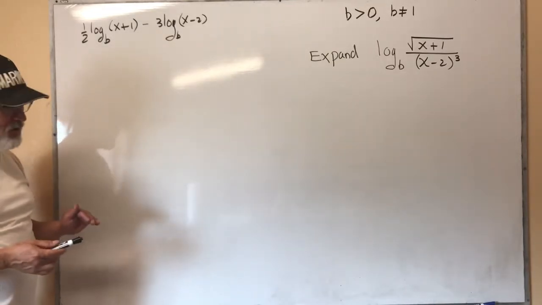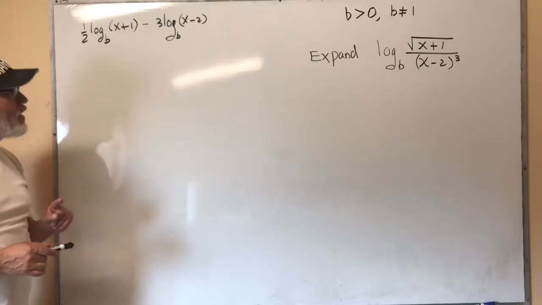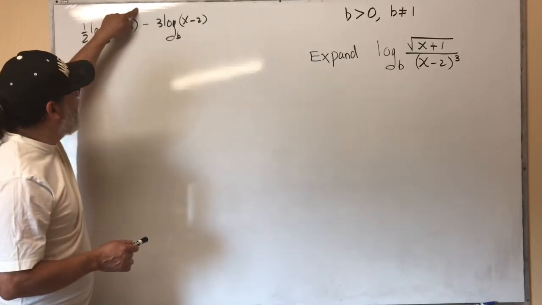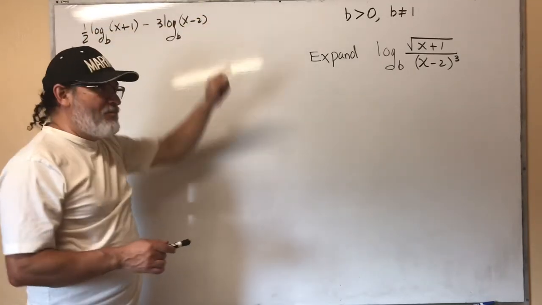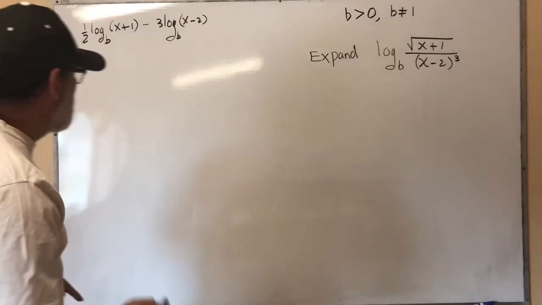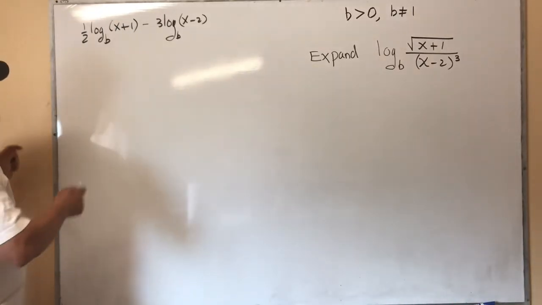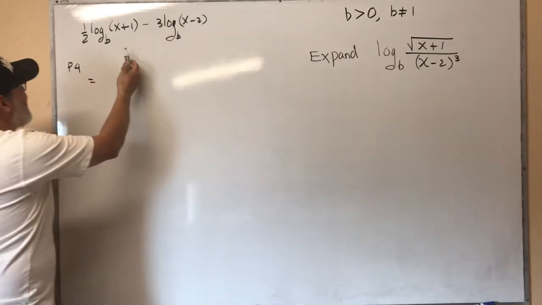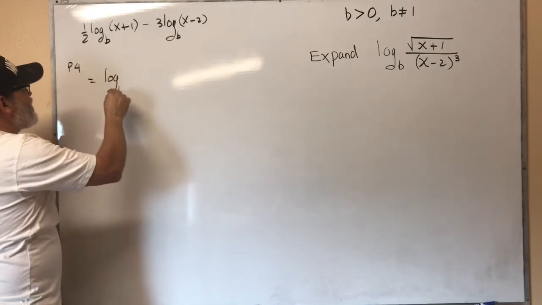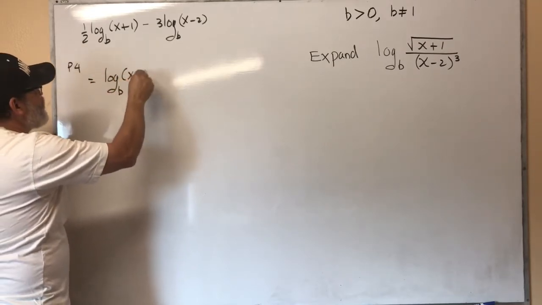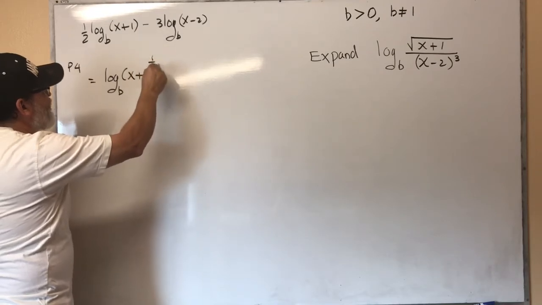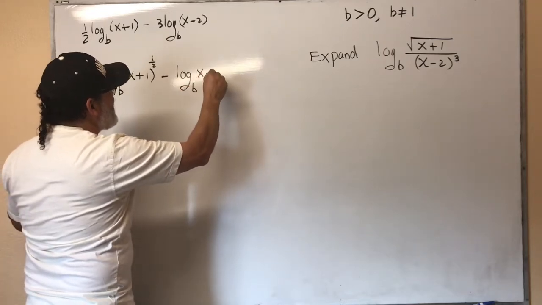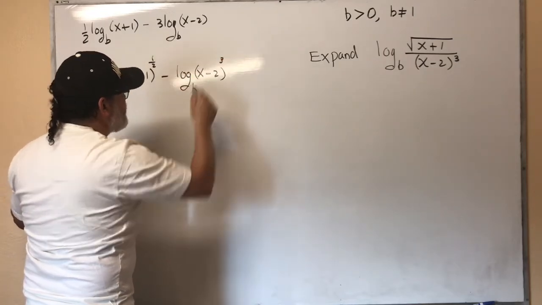Step number 1. This can go up and this can go up by property number 4. By property 4, this equals log base b of x plus 1 raised to the half minus log base b of x minus 2 raised to the third.